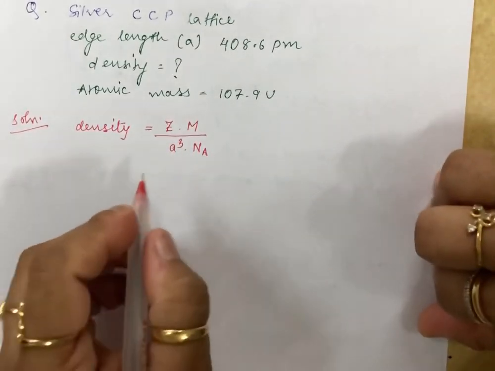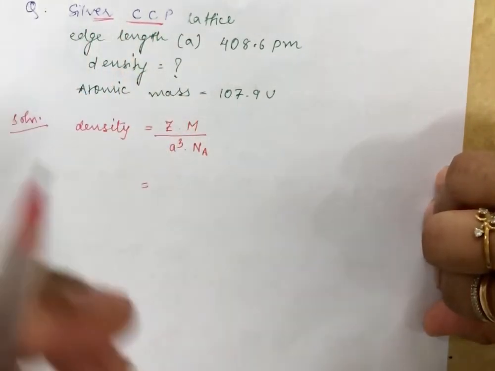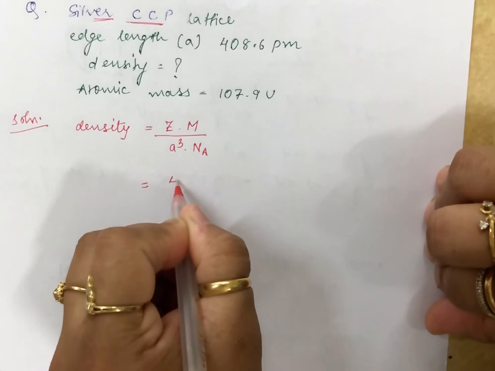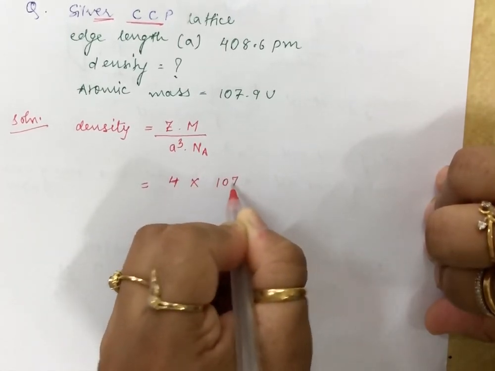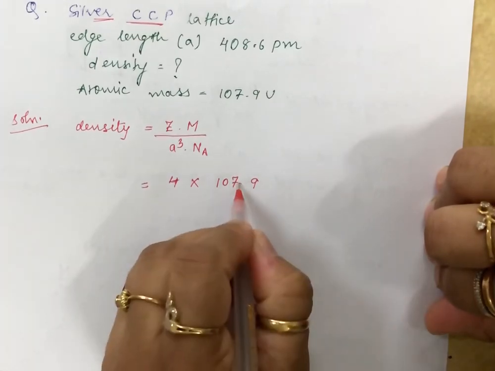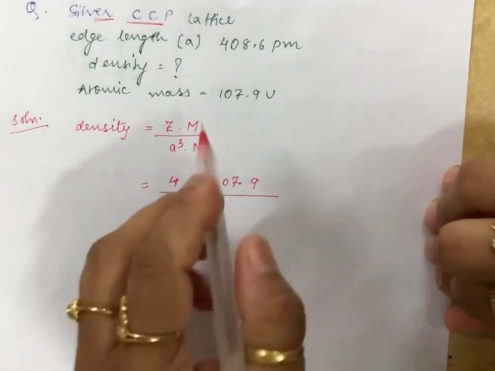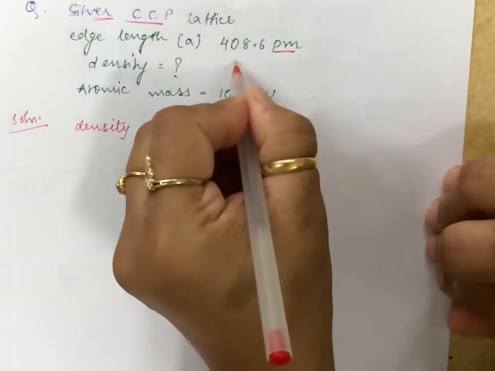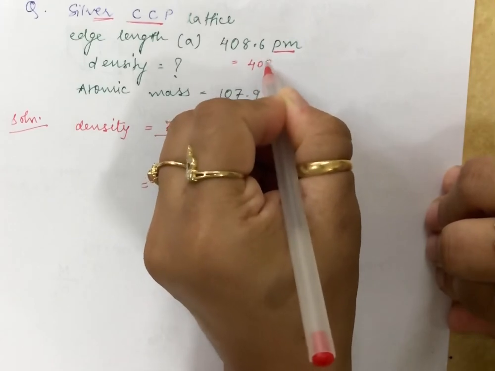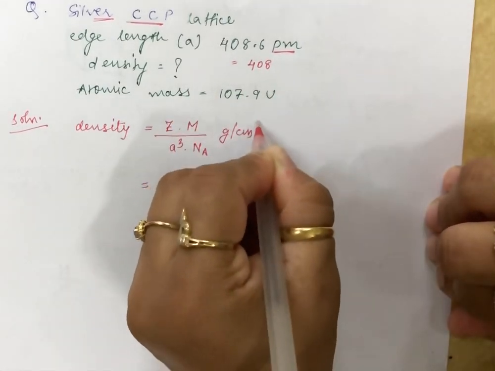So now students, here Z, silver is crystallizing in CCP structure, so it would be 4, and molar mass is already given to you, 107.9, divided by A. Now here A is in picometers, take a note. So let me convert this into centimeters. As I said, density you are taking in terms of grams per centimeter cube.